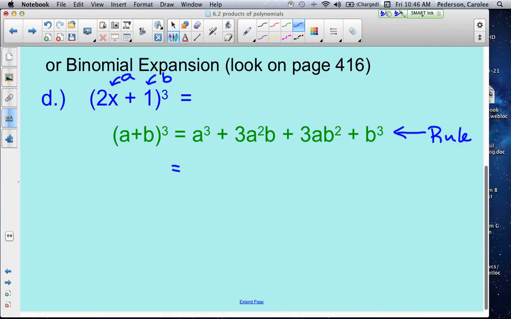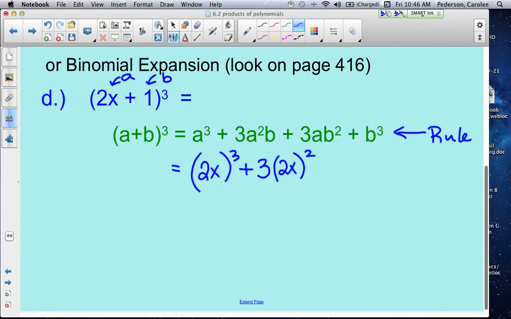So it's saying take A and cube it. So my A in my equation is 2x. So I take 2x and cube it. Make sure you're throwing parentheses around these items. And then plus 3, and then you square A. So 2x squared.